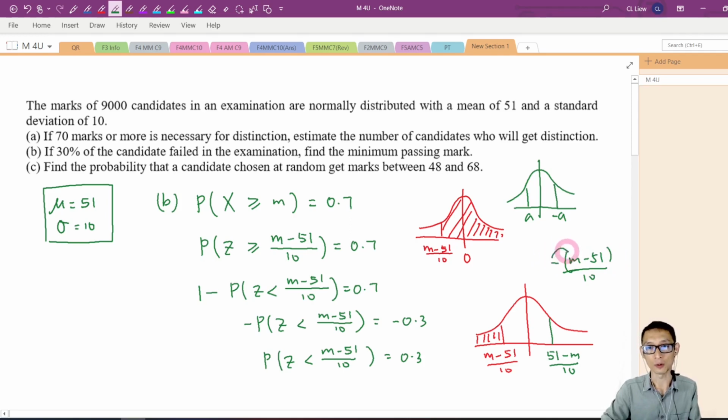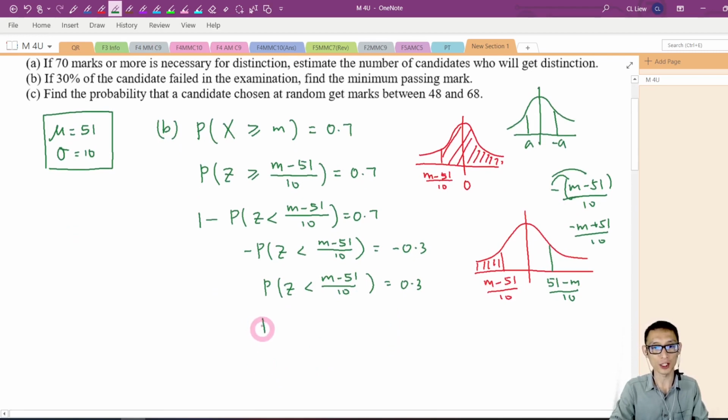When you bring in the negative, it will become negative M plus 51, divided by 10. This is actually 51 minus M divided by 10. So now I am going to change it to greater than, and it becomes 51 minus M divided by 10, which is 0.3.